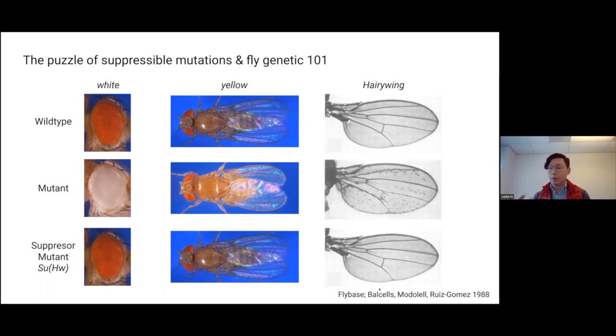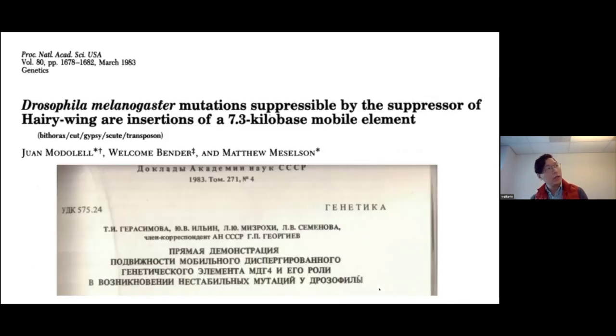So this is really puzzling because we have these sets of mutations whose mutant phenotype you can actually suppress. And in the 80s, a set of 2 papers came out that were very impactful in identifying the cause of these suppressible mutations. These 2 papers came out around the same time in 1983.